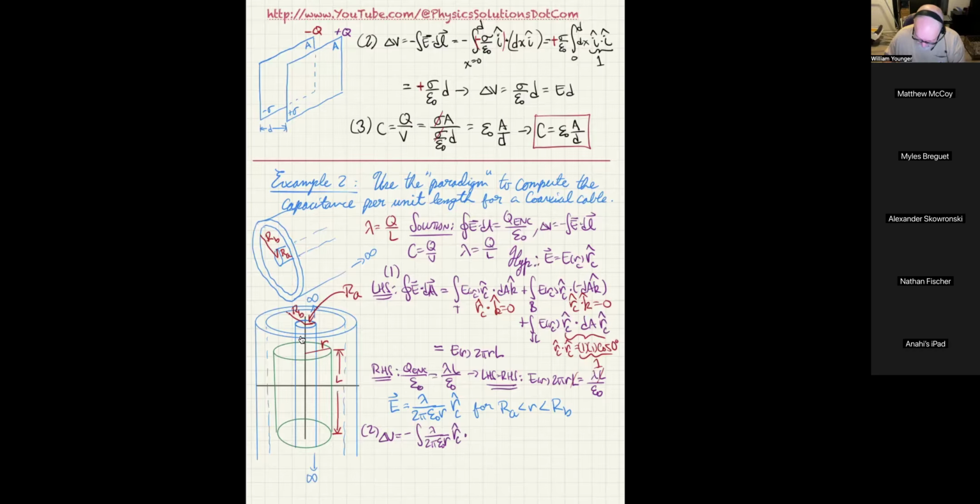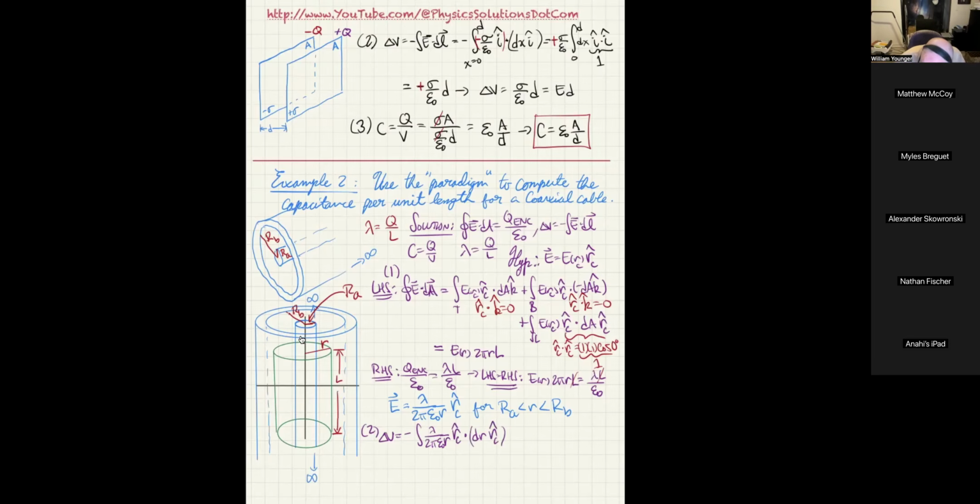I'm going to go from R_B to R_A. So I'm going to indicate that with my limits of integration. I'm just going to point the dL in the positive coordinate direction. So in this case, the dL becomes dr times R cylindrical hat.